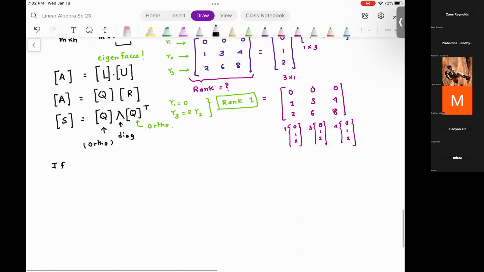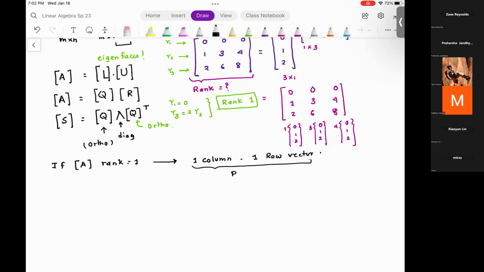If matrix A has rank 1, it can be represented as one column vector multiplied by one row vector. And one column, one row is rank 1.